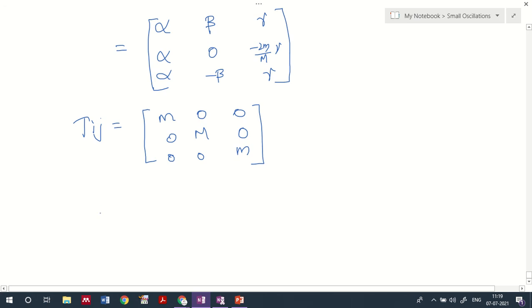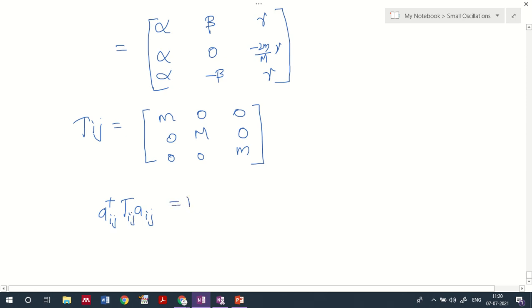When you take the transpose or conjugate of A, let me take A dagger, that is Aij dagger, on Tij and Aij, which is equal to 1.